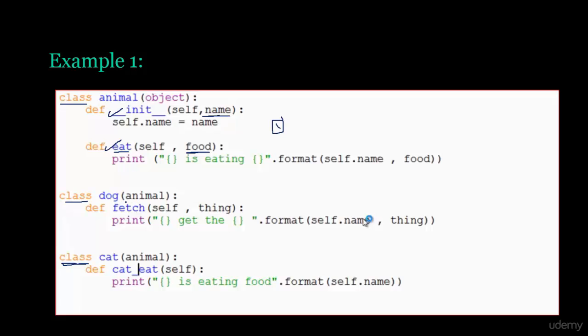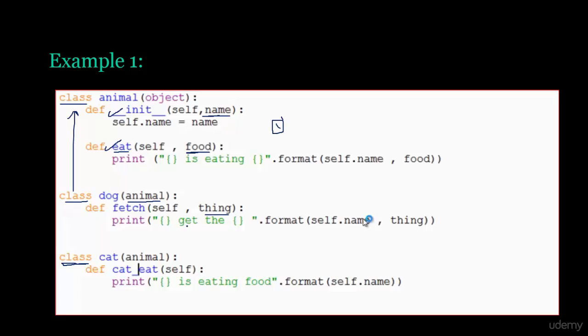Here I'll type animal so that this class inherits from animal. Now init is here and eat is here, and we will add another method named fetch, which takes something and prints that this dog can fetch this thing.